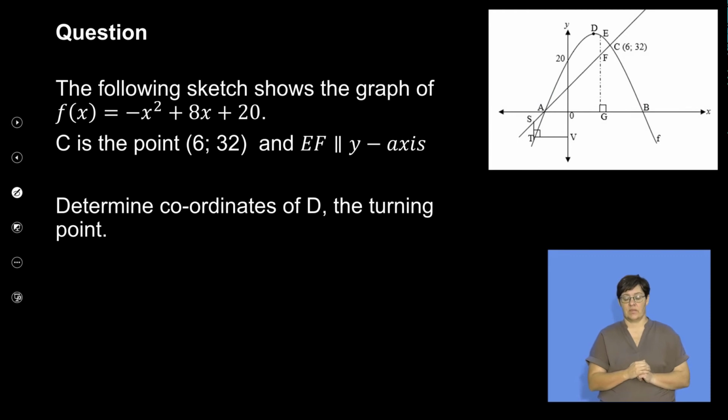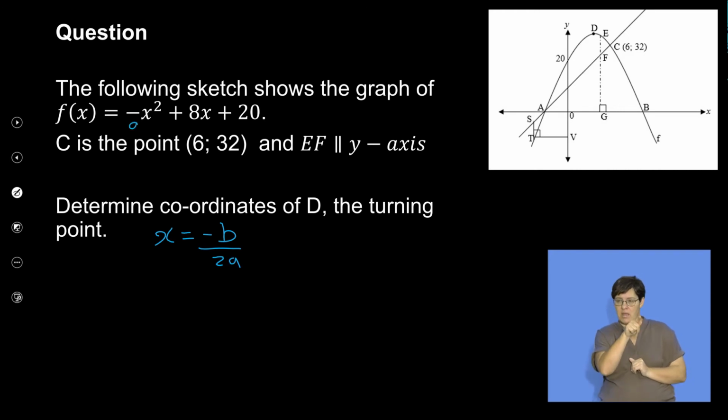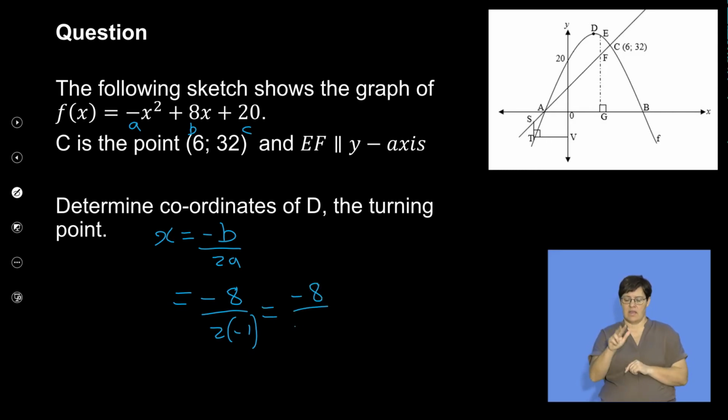For the coordinates of D, which is the turning point of this function, we use the equation x equals minus b over 2a. Just remember, this is the a, that is the b, and that's the c. So this will be equal to minus 8 over 2 into minus 1, which is negative 8 over negative 2, and that's 4, right?